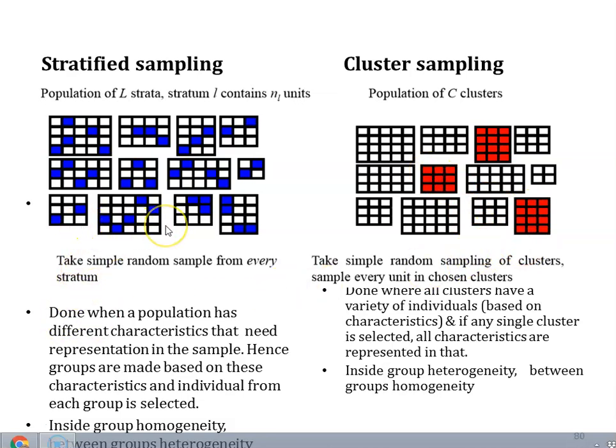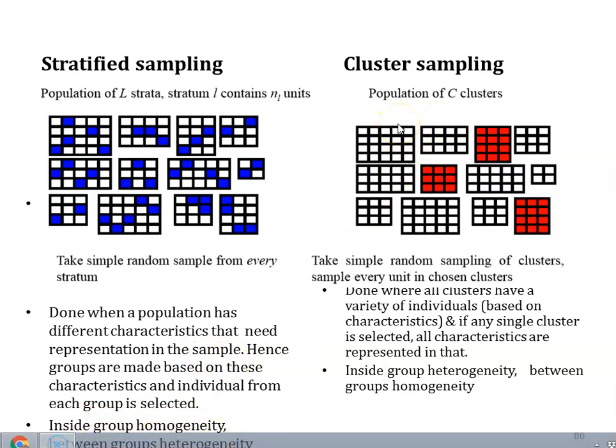We use stratified sampling when our population is heterogeneous and each strata has one kind of category. For example, this is one religion, this is another religion, this is another one. That is, each group is homogeneous inside and heterogeneous outside.